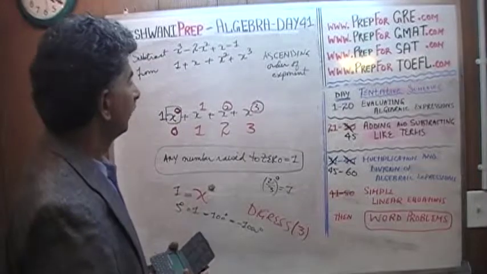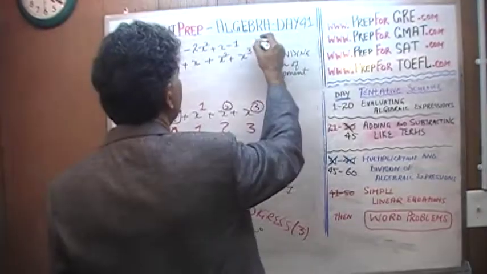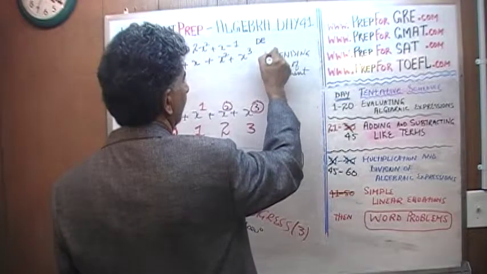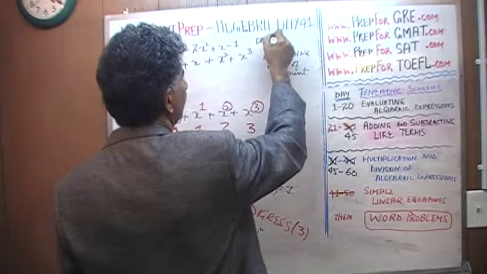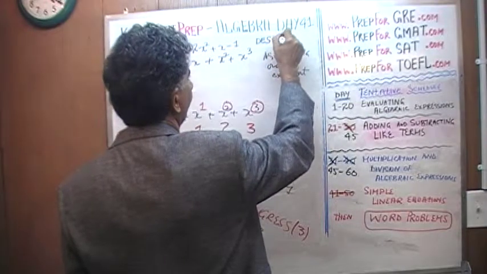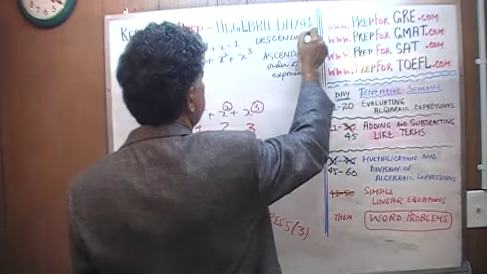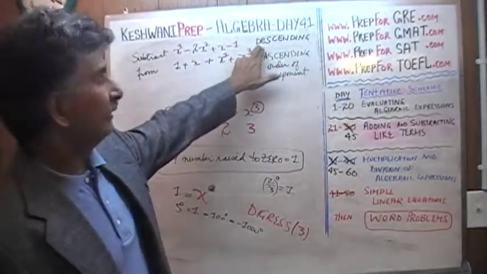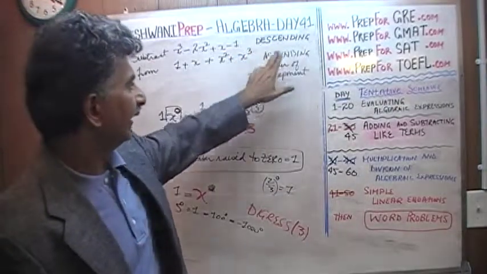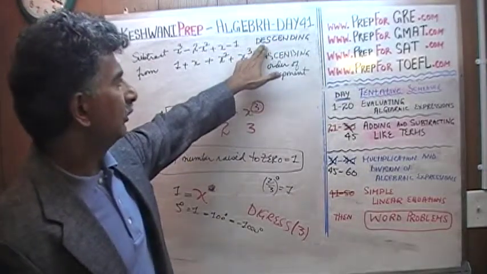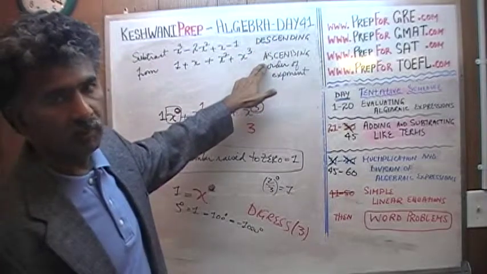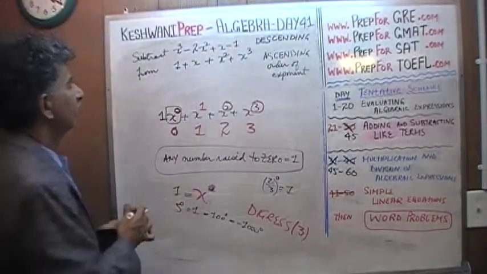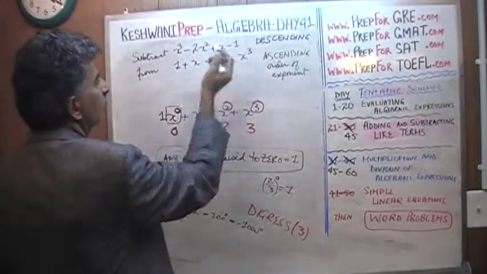Descending, from what we learned 2 days ago, should be spelled with the prefix D, as in not, and then ascending, except we skip the A because we do not want two vowels together. So it becomes descending. This is the descending order. It goes from 3 to 2 to 1 to 0.